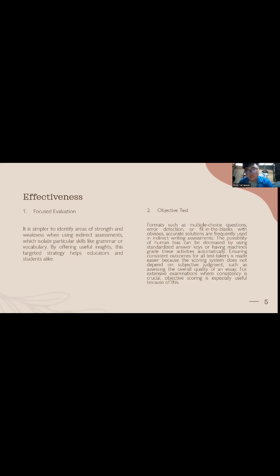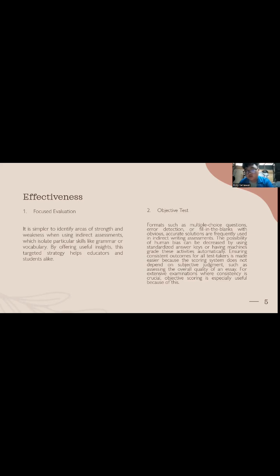The second is objective tests. Formats such as multiple choice questions, error detection, or fill in the blanks with obvious accurate solutions are frequently used in indirect writing assessments. The possibility of human bias can be decreased by using standardized answer keys or having machines grade these activities automatically.